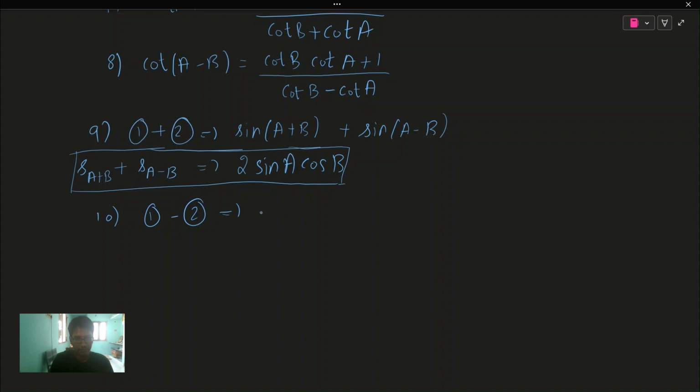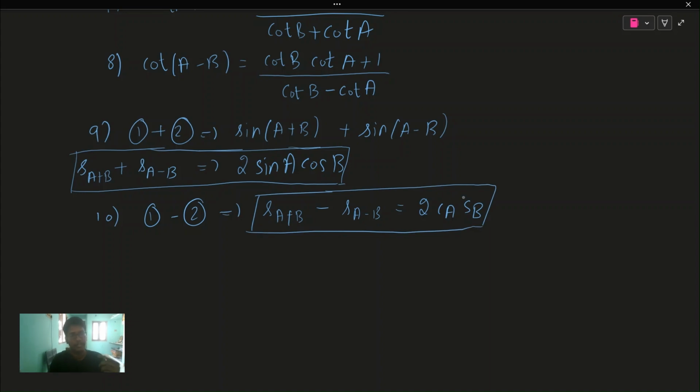We would get sin of A plus B minus sin of A minus B, which would give you 2 cos A sin B. So here's how the formula dramatically changes. In the 9th equation, you got 2 sin A cos B, and in the 10th equation, you got the opposite, 2 cos A sin B. Just because of addition and subtraction, you get two drastically different results.